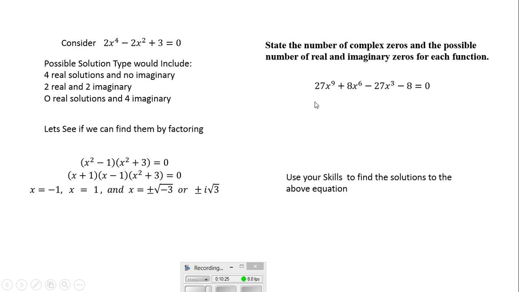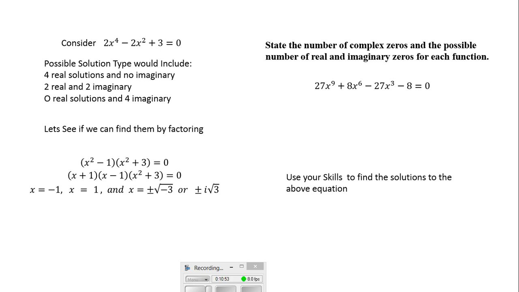Perhaps you'd want to try to find the solutions to this 9th power expression. You ask yourself, okay, how many solutions could it have? Well, how many complex solutions? We know exactly 9. What kind of combinations would they come in? Okay, there's the question that I'm leaving for you to answer.